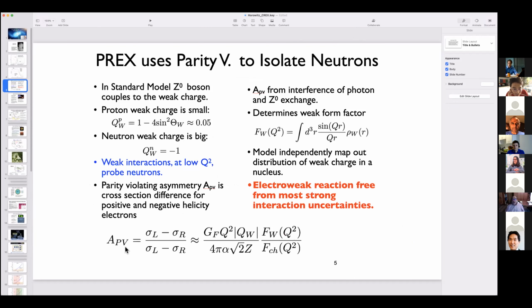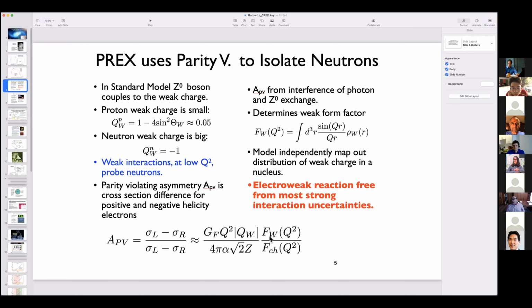So in the Born approximation, the parity violating asymmetry is proportional to the weak form factor. We know the charge form factor. So you measure APV and we can deduce the weak form factor. The only corrections are Coulomb distortions and radiative corrections.